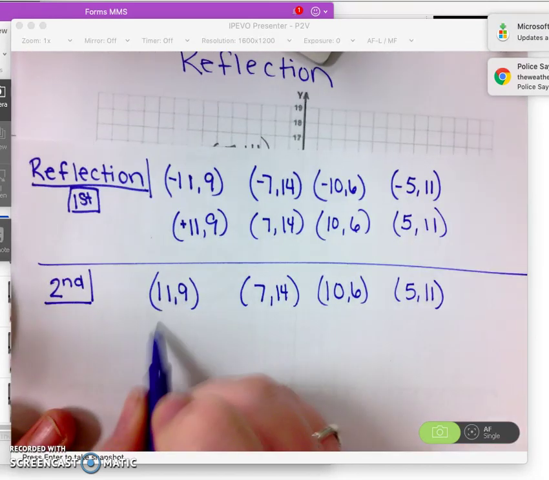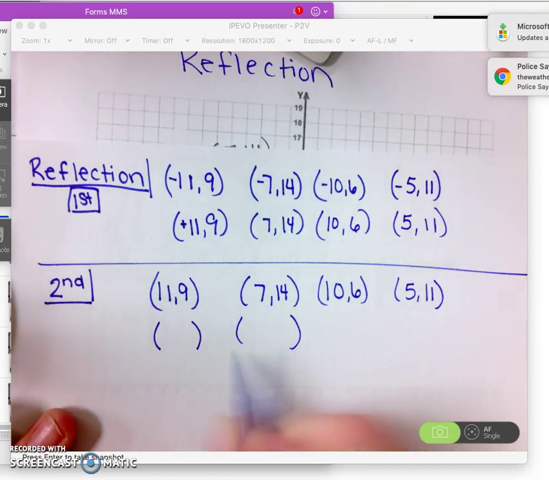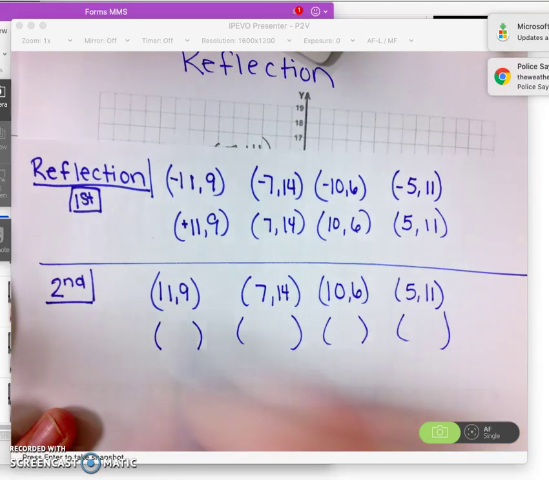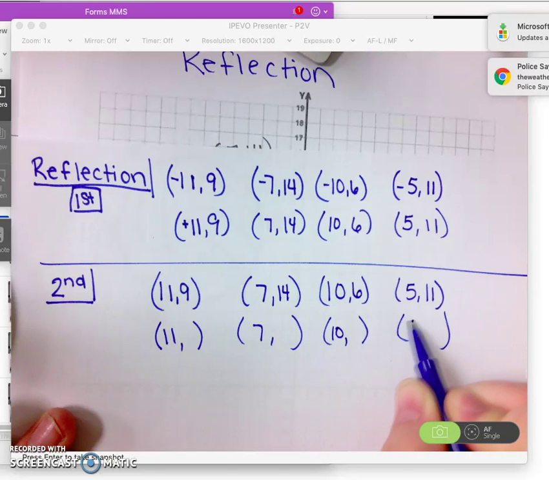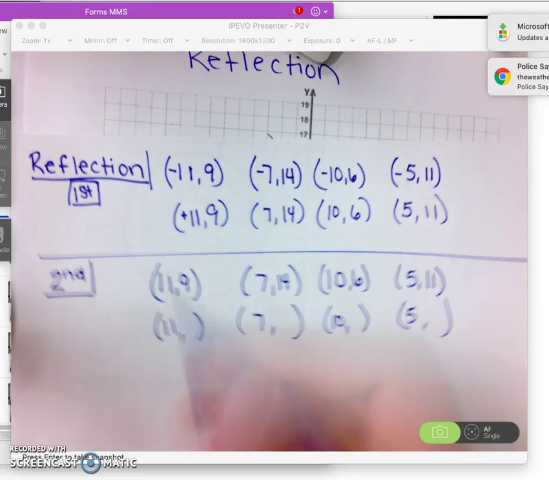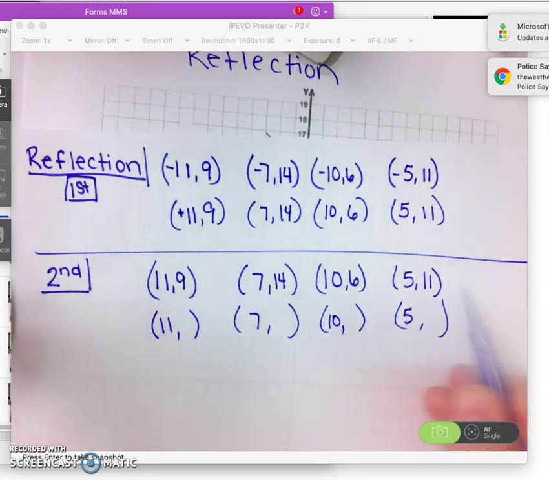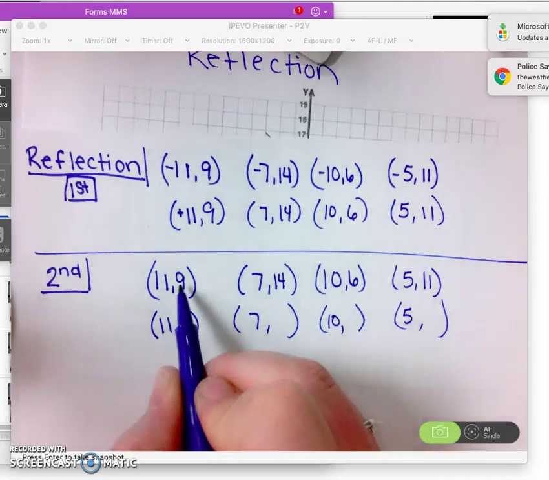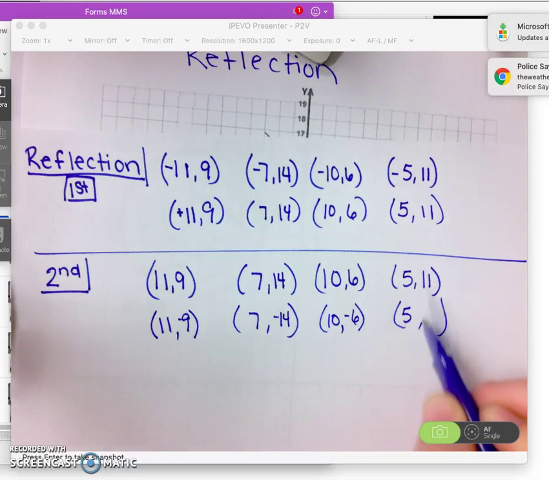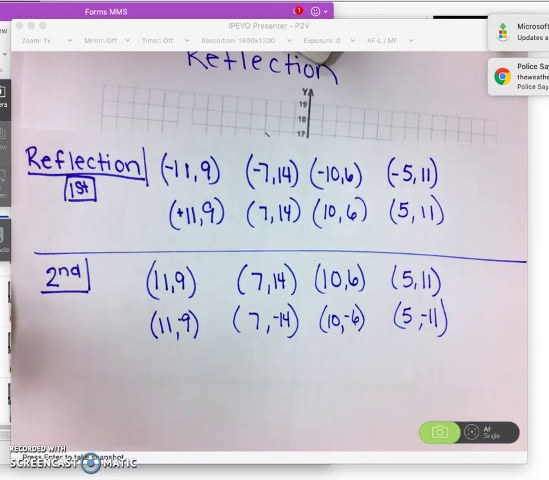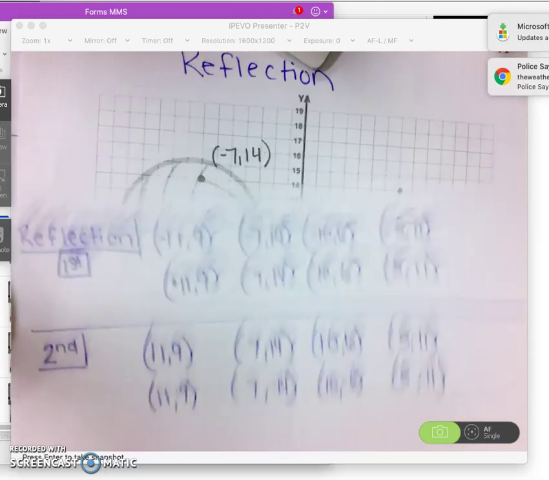So when I go across whichever axis, those numbers stay the same. So 11 stays the same, 7, 10, and 5. Now, all of the y's change to its opposite. So if it's positive, it becomes negative. Okay, and then I'm going to go plot those points.